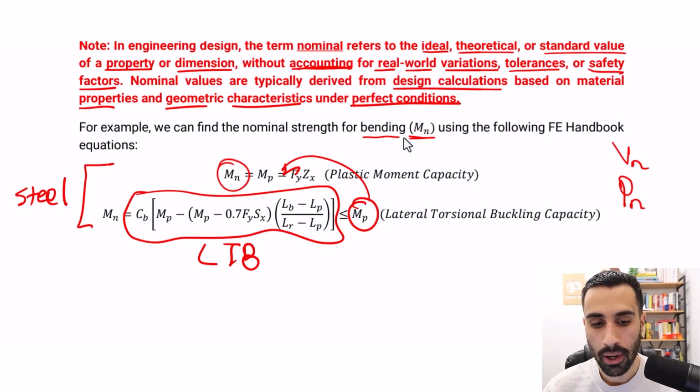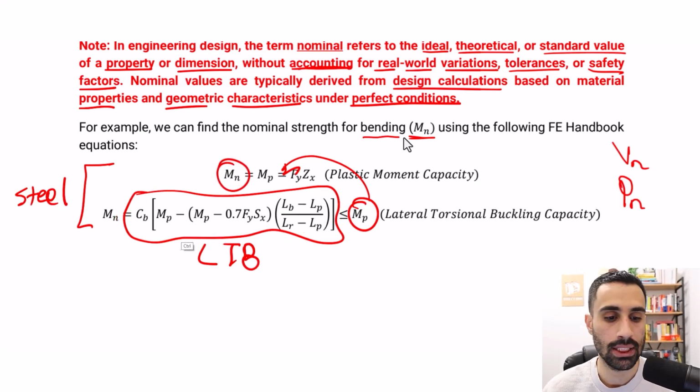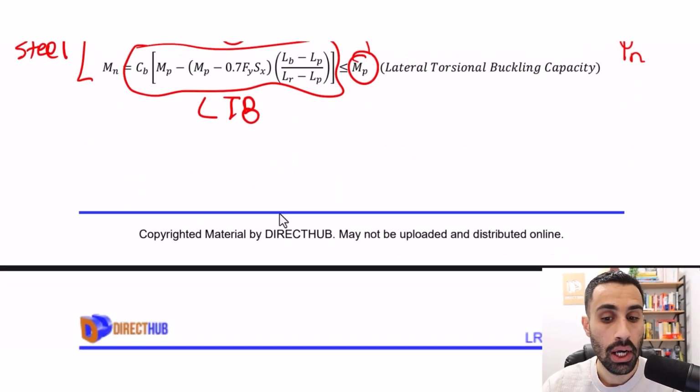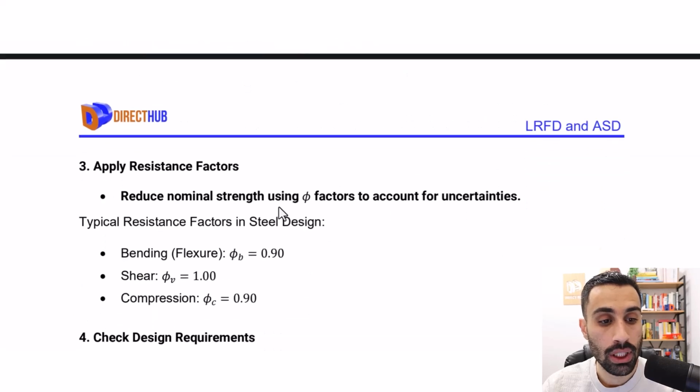And then we compare that capacity to this capacity, and the smaller one would control, and that would give us that nominal moment capacity. So it's all nominal per equations, derived theoretical equations, or equations based on standards or empirical equations that are already given to us. These are the nominal, and n stands for nominal. So that is the estimate we need to make.